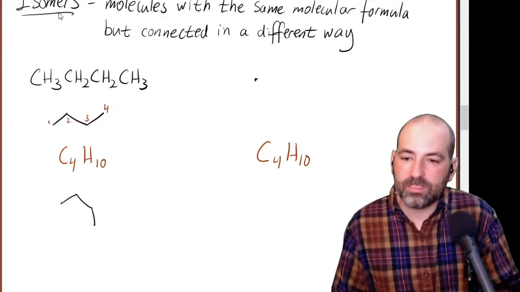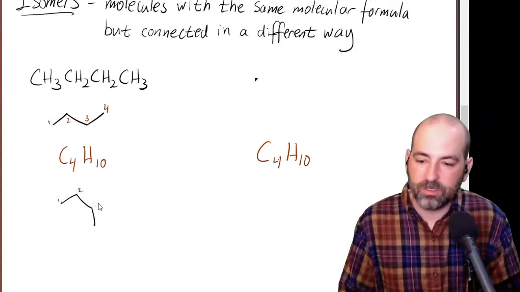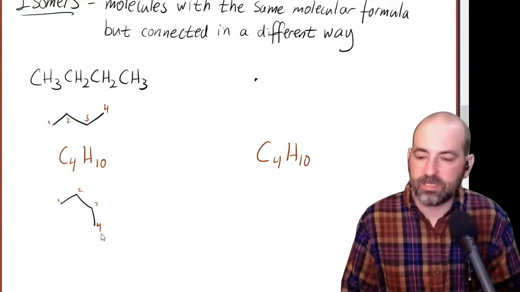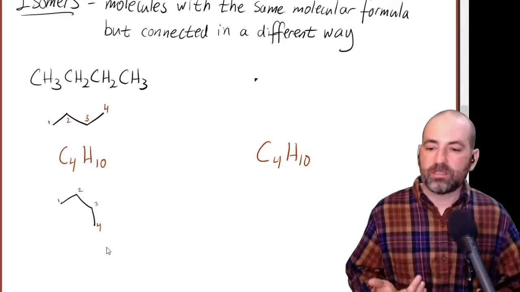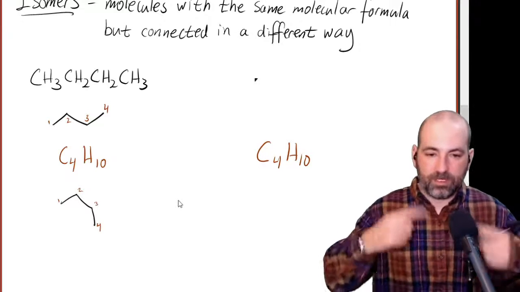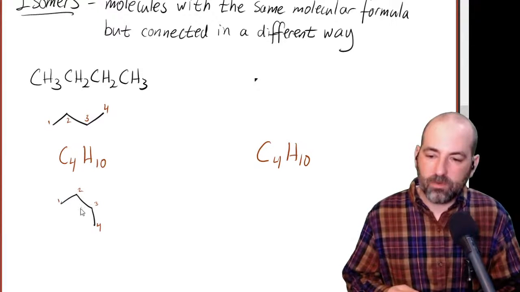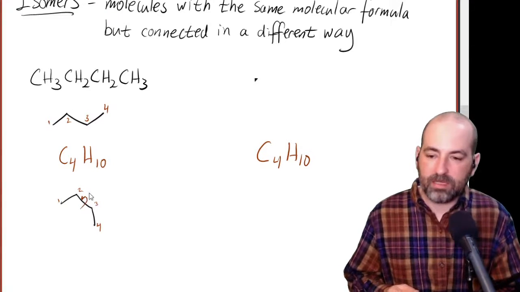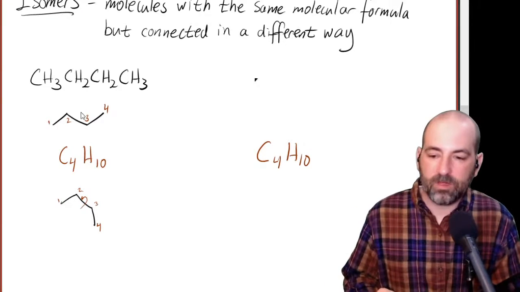But these are actually the same molecule. This is still carbon 1 connected to carbon 2, connected to carbon 3, connected to carbon 4. The reason those are the same is because single bonds can rotate. They can twist and spin. So if we were to rotate around this bond here, twist that thing, we would be right back to where we started over here.